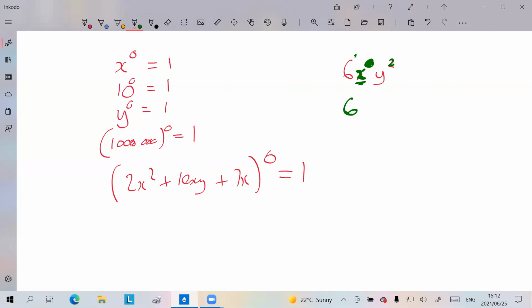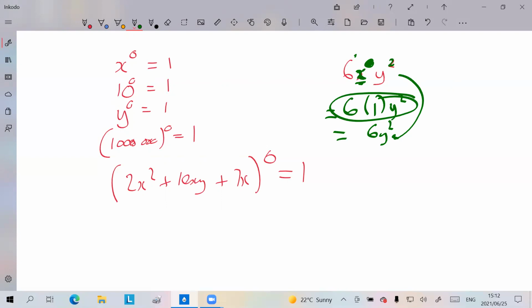So the 6 stays, the x becomes 1, and the y stays. Only the x is to the power 0 in this example. So it becomes 6 times 1, which is 6y squared. You don't have to show this step, not necessary. You can go straight to the answer, it's fine. But anything to the power 0 is 1, that's always true. But you've got to know what is to the power 0.